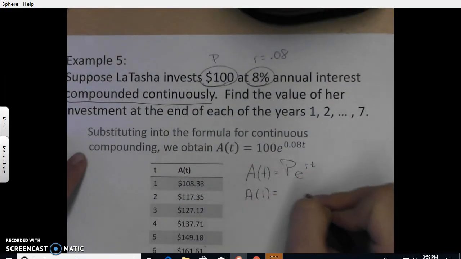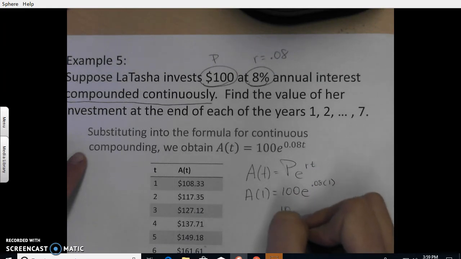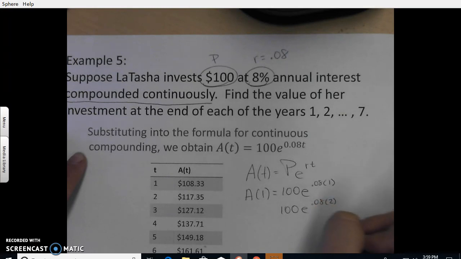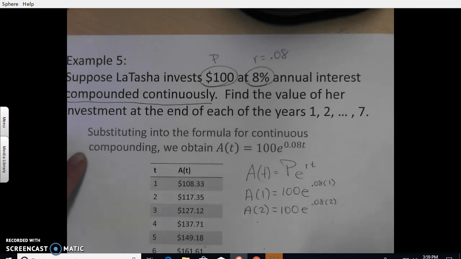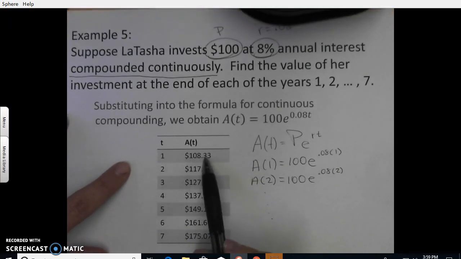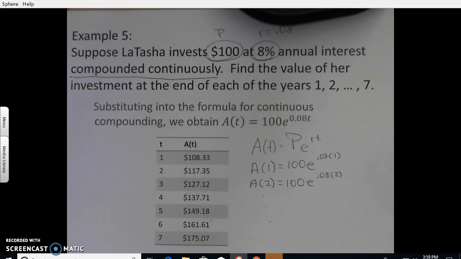A of 1 is equal to 100 e to the 0.08 times 1. 100 e to the 0.08 times 2 would be equal to A of 2. And so on, you should get these values. So at our first year, it would be $108.33, $117.35, and so on. That's all.